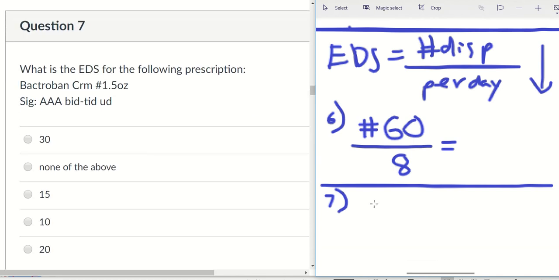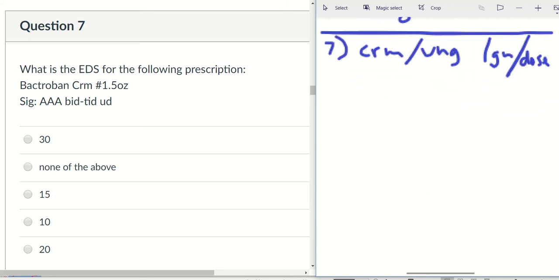All right, creams and ointments. So we're going to assume we use 1 gram per dose. That's just for us in class to make it easier. So we have to change ounces into grams. So 1.5 ounces is about how many grams? 45. Yep, about 45.